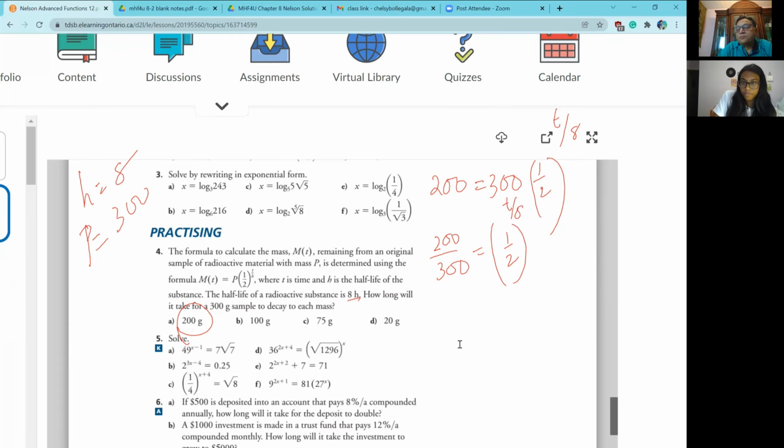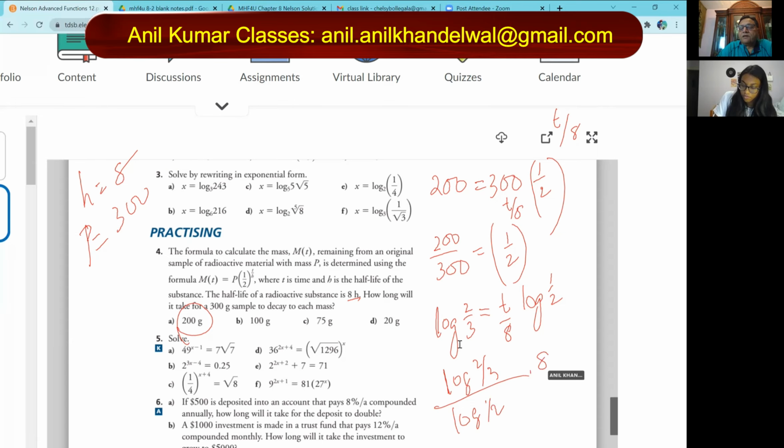So we take log on both sides. We say log of 2 over 3 equals, when you take log on this side, t over 8 times log of half, correct? Now, we can rearrange. So we get log of 2 over 3 divided by log of half. We multiply by 8 to get the value of t. You can use the calculator, find the answer. Likewise, we can do others.